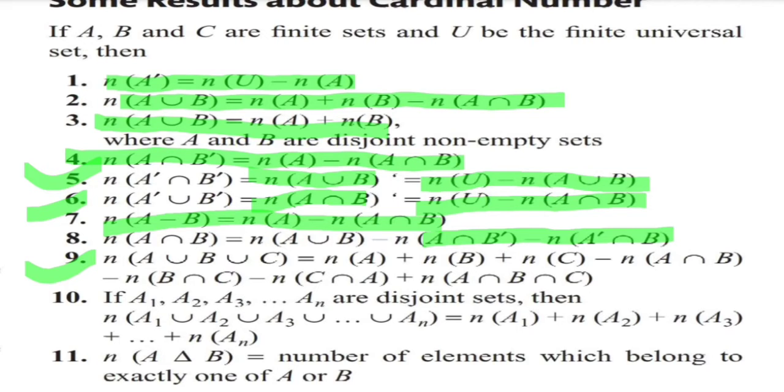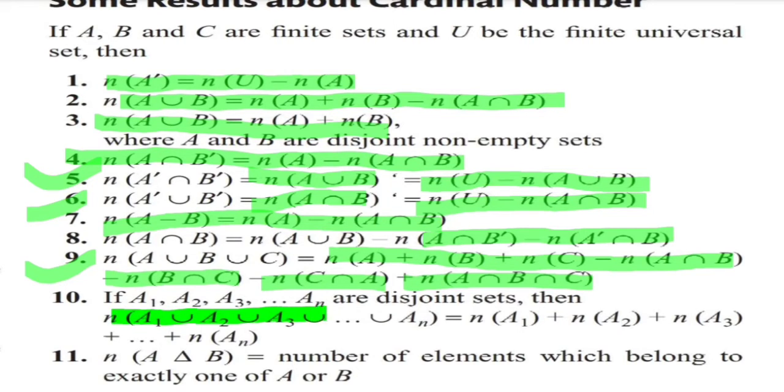Next, the ninth one, n of A union B union C, which is equal to n of A plus n of B plus n of C minus n of A intersection B minus n of B intersection C minus n of C intersection A plus n of A intersection B intersection C. Now the 10th one: if A1, A2, A3, and so on up to An are disjoint sets, then n of A1 union A2 union A3 and so on up to union An is equal to n of A1 plus n of A2 plus n of A3 and so on up to n of An.